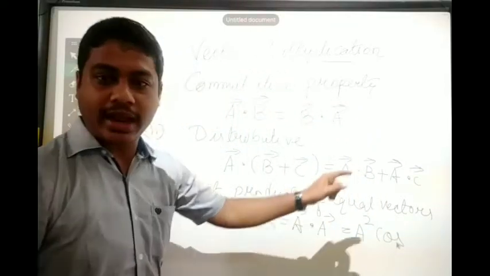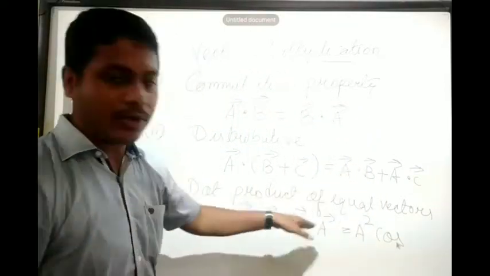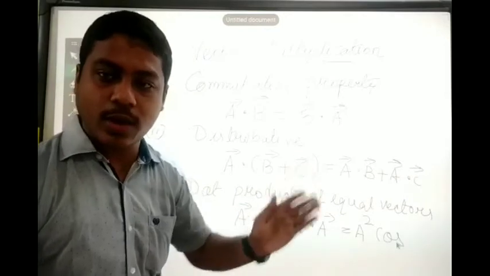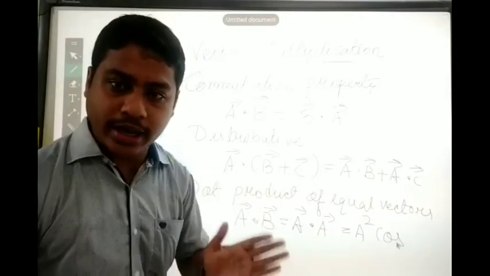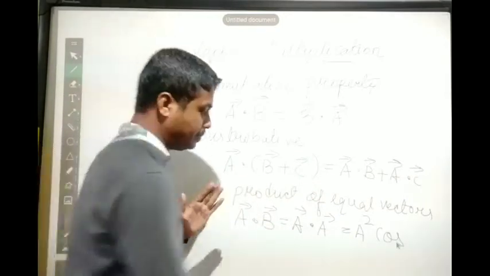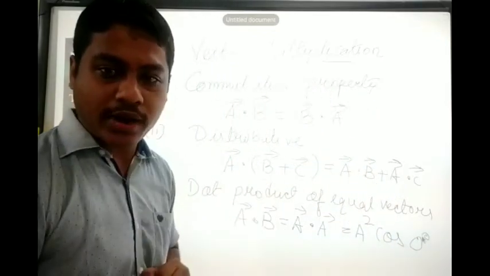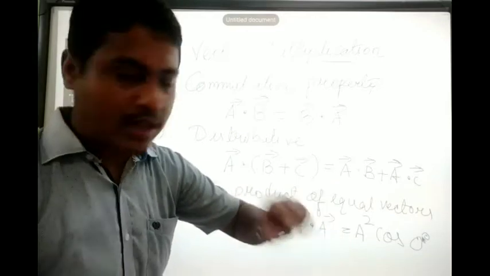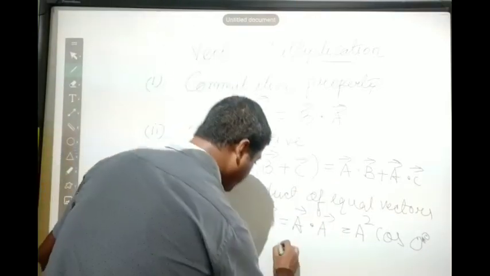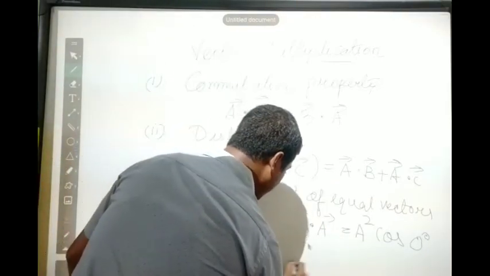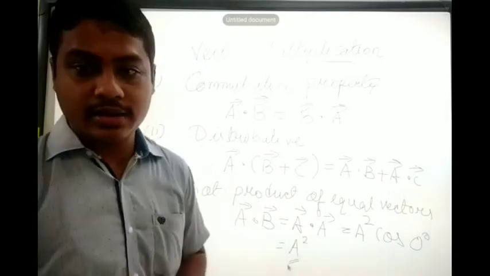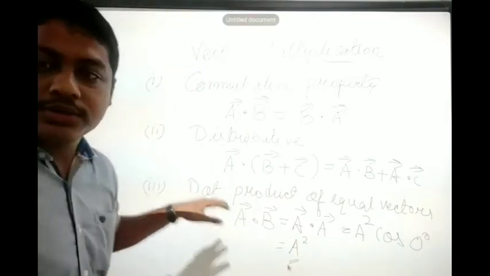But since these are equal vectors, the angle between them is 0 degrees. So A squared cos 0 degrees, and cos 0 is 1, so the answer will be A squared. This is your property number 3.